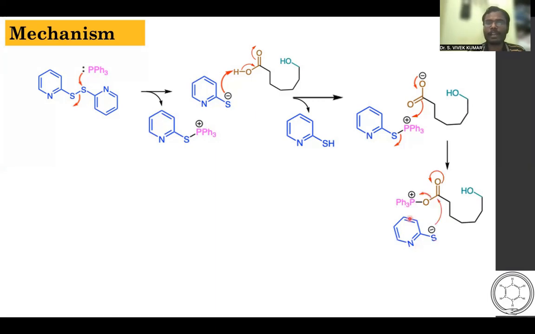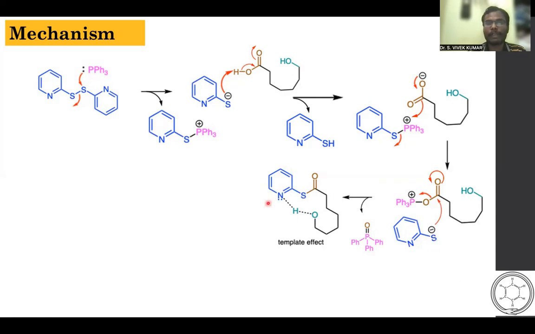Now you see the pyridyl thiolate ion attacks the carbonyl carbon. These electrons come out and then come in, followed by the breaking of the carbon-oxygen bond, which leads to triphenyl phosphine oxide as well as this intermediate. Now you look at this intermediate: the pyridyl nitrogen acts as a template.